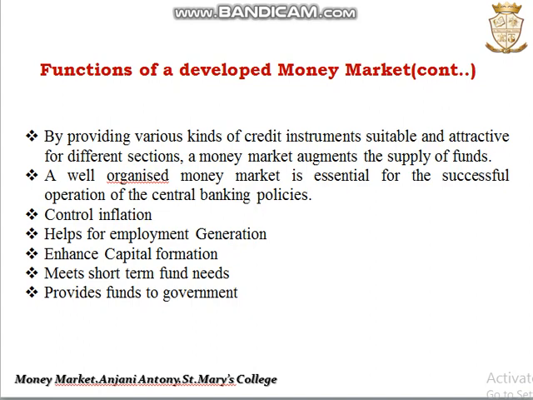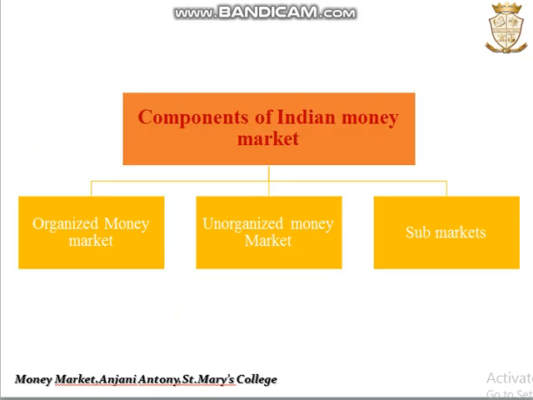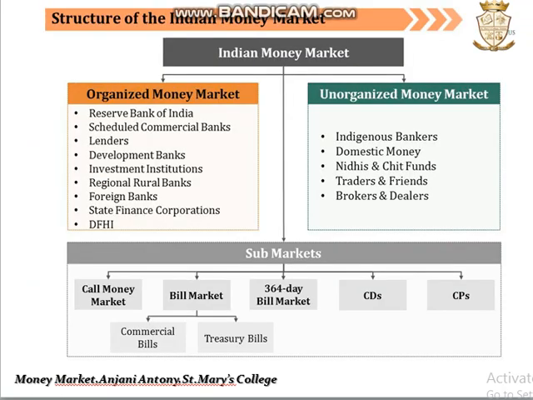Moving to the next one. Here are the components of Indian money market. Indian money market has three components: organized money market, unorganized money market, and sub-markets. The structure of Indian money market is mainly divided into organized money market and unorganized money market.